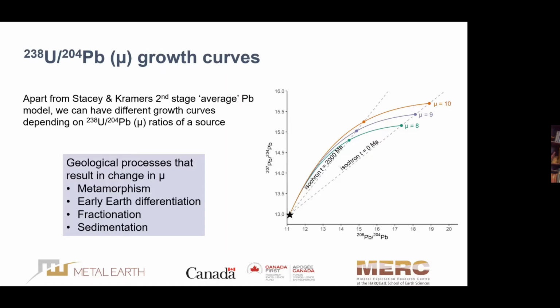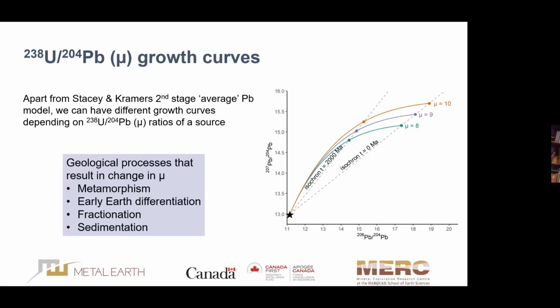A couple of slides relating to lead isotopes, just to set the scene. We're going to calculate everything relative to the Stacey and Kramers model. It's just a convenient one that works well with ores, and as an average works well around the world. But besides the average value, one can actually calculate these uranium-lead ratios that would appear in the source region, with low mu values, that's the uranium-lead ratio, relating to areas where you have less enrichment in uranium, and up into higher mu values where you have more.